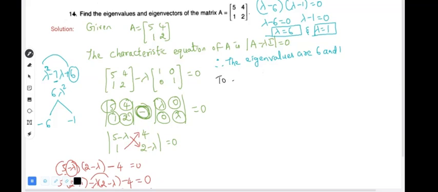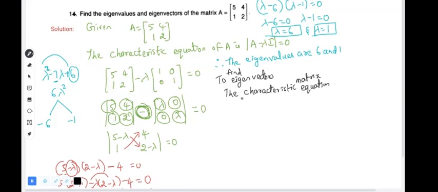To find the eigenvectors, what we need to do is write the characteristic matrix equation.